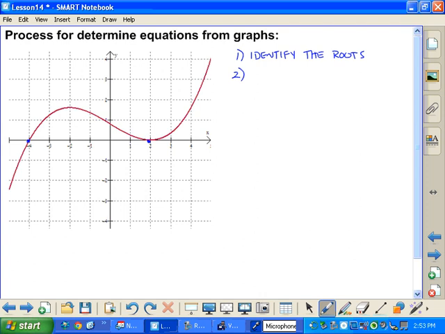Step two, determine the degree of each root. I'm going to talk about that in a little bit more detail in a second.